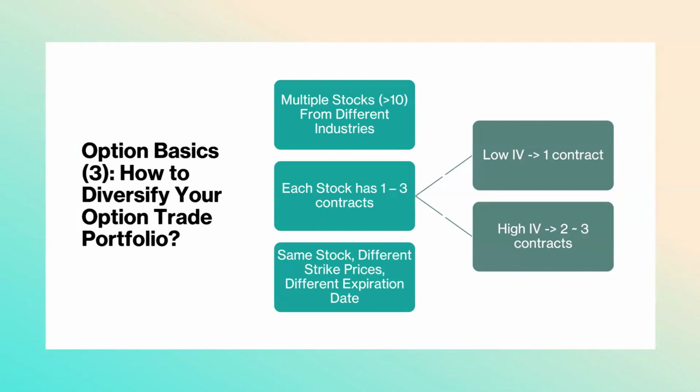This is the last slide of the option basics, but it's not the least important. Any investor knows the importance of diversification. So is an option trader. When you pick a put trade based on the delta, say minus 0.16, it means this option trade has a 16% probability of becoming in the money by the expiration date.